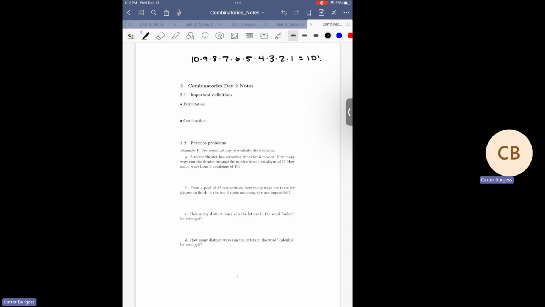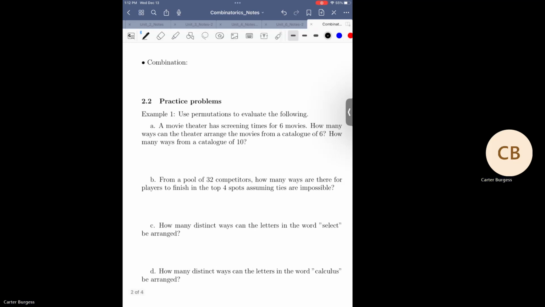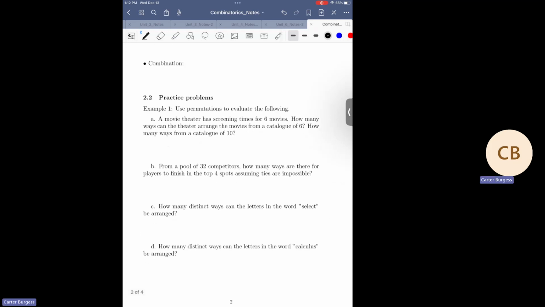We're going to take a look at example 1A just to highlight this. In this case, we were told that a movie theater, a small theater with only one movie playing at a time, and we're also going to assume it's not going to play the same movie over and over again, or even more than once if it has a larger catalog.